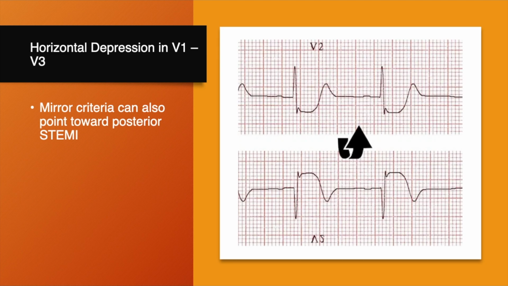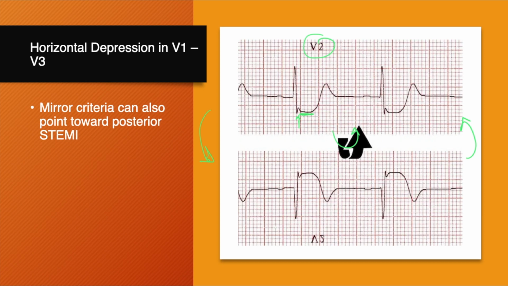So, if we look at V2 here, do you see how we have depression of the ST segment or the J point, and see how this is horizontal down here? So that's that classic horizontal. Now, another thing that you can do is you can take the 12-lead ECG, if you see this depression in the precordial leads V1 through V4, flip the ECG around, rotate it, and then kind of pretend like you're looking at it in a mirror.